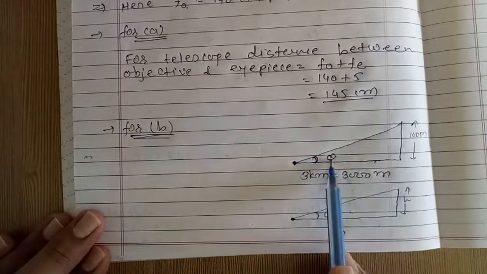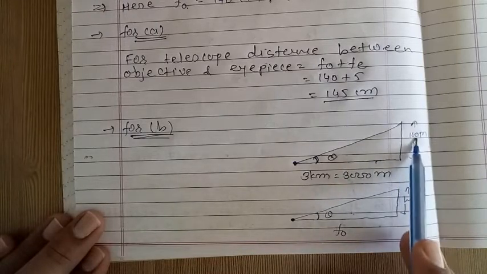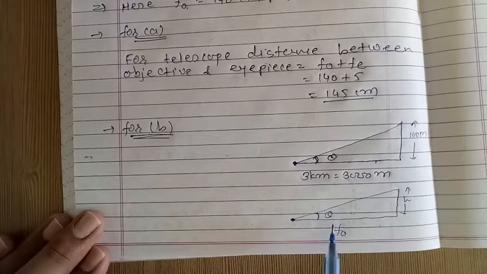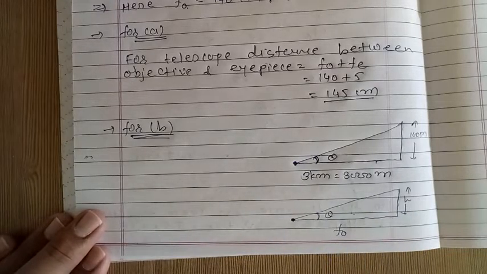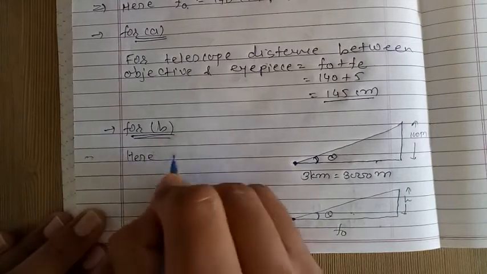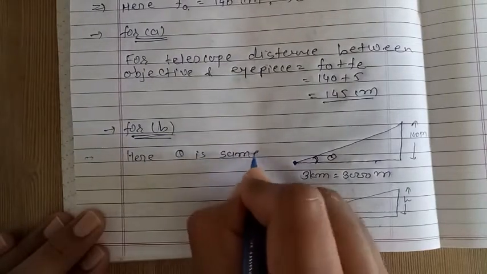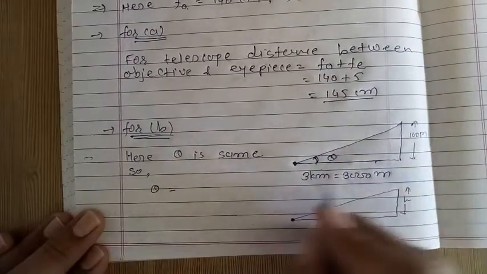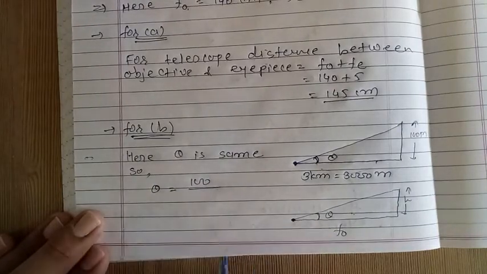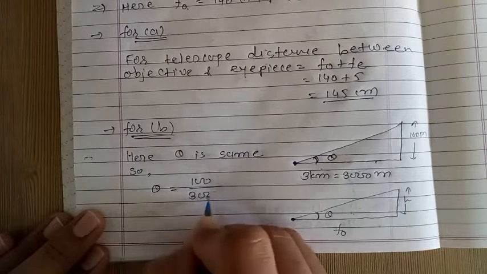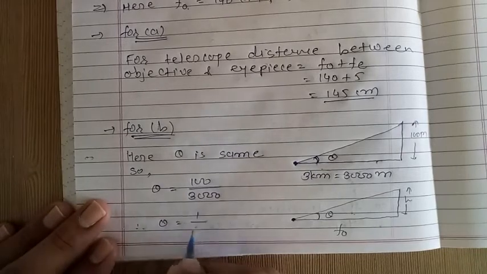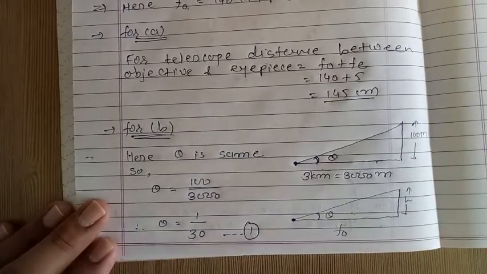So theta is equal to the height 100 meter divided by the distance 3,000, so we get theta is equal to 1 upon 30. This is our equation number 1.